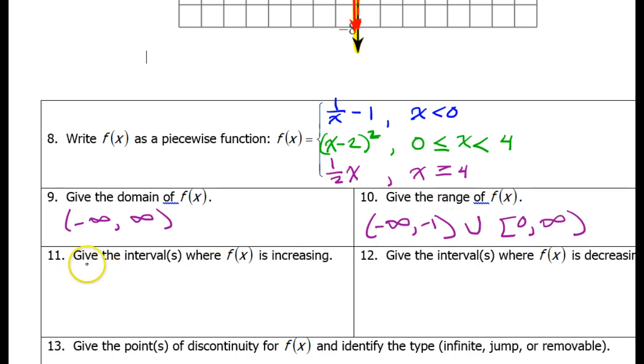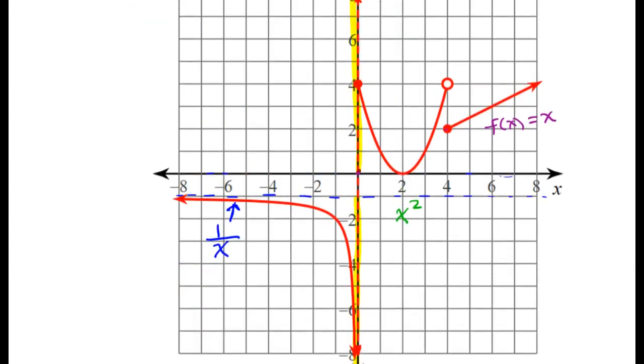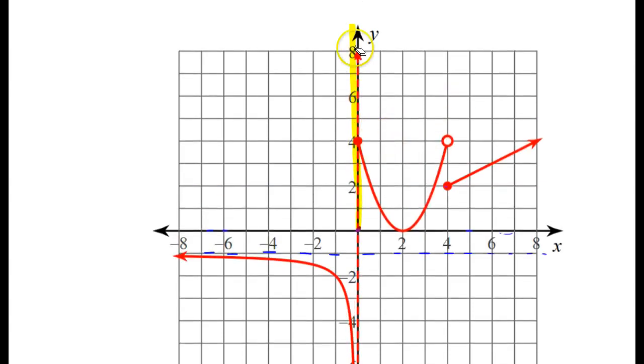Okay, now we are going to talk about the intervals where the function is increasing. Okay, so when you're talking about increasing and decreasing, you are reading the graph from left to right. So let me highlight to make this clear.